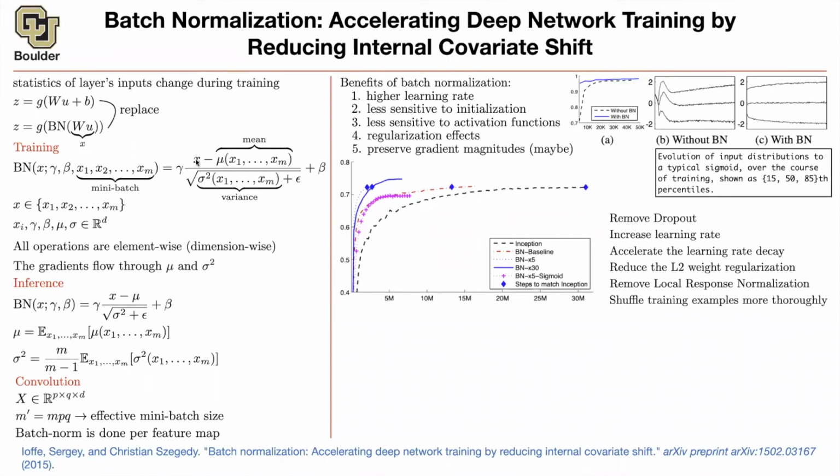You could say x minus a parameter divided by sigma squared, where this one is also a parameter. But then you need to train this separately. You cannot use the same loss that you have for gamma, beta and w to train mu and sigma. This has to be computed differently.